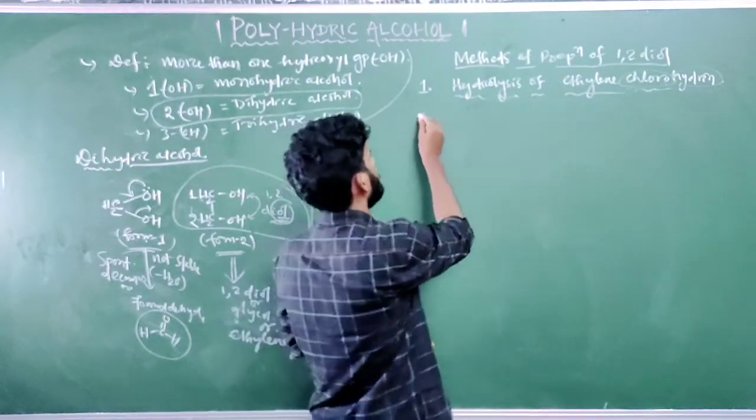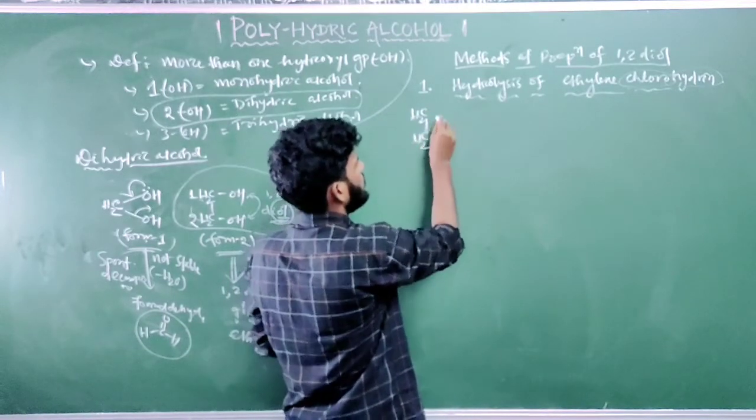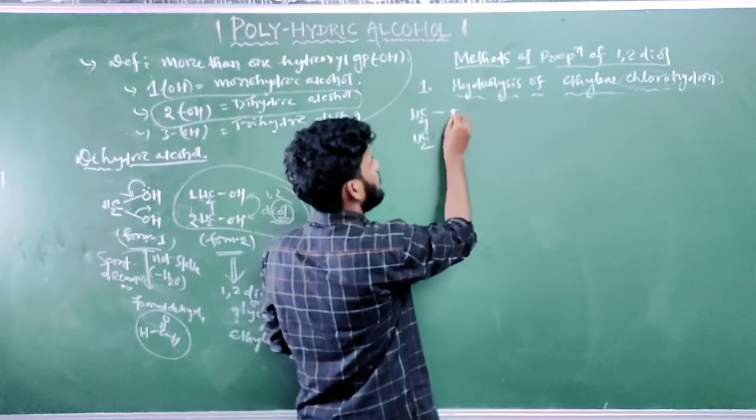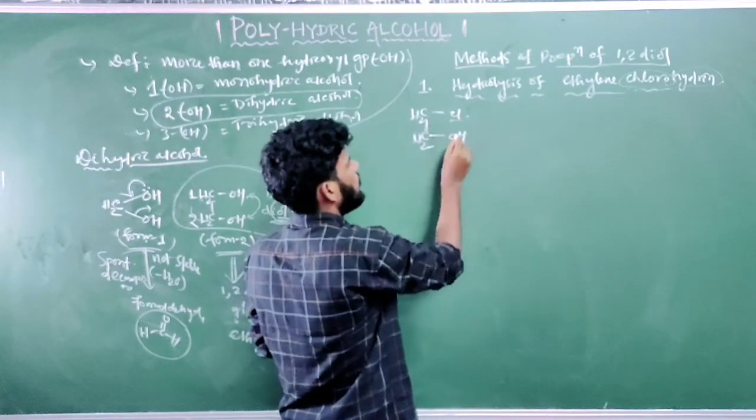So what is the structure of ethylene chlorohydrin? This is ethylene chlorohydrin: here one chlorine group and here hydroxyl.